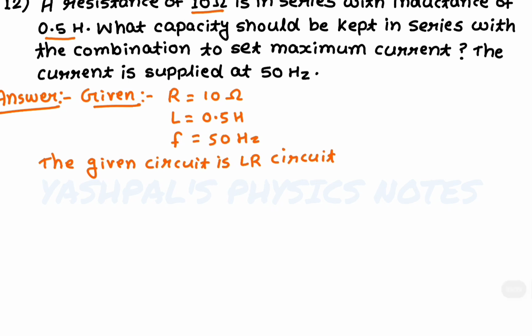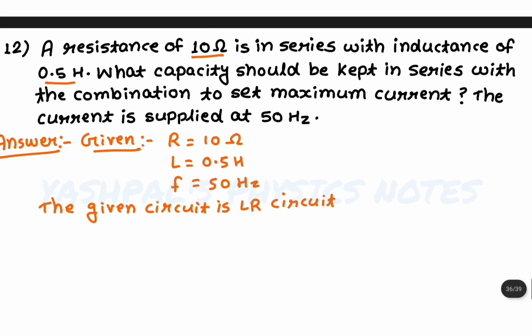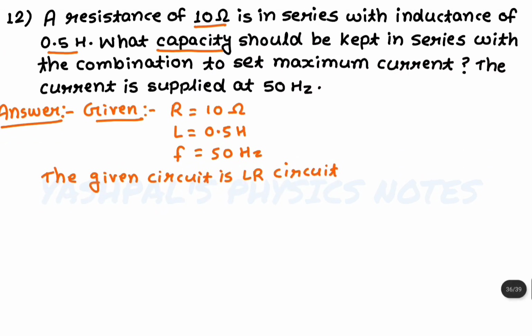Now what have we been asked? What capacity should be kept in series with the combination to set maximum current? The current is supplied at 50 hertz. We have been asked the capacity, which means we have been asked to find the capacitance.